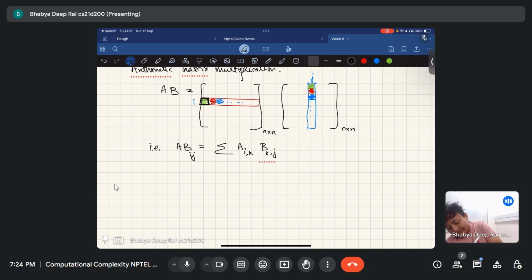So the first multiplies with the first, the second with the second, and so on, and k varies from 1 to n. You can verify that this is correct. So this is the matrix multiplication formula.